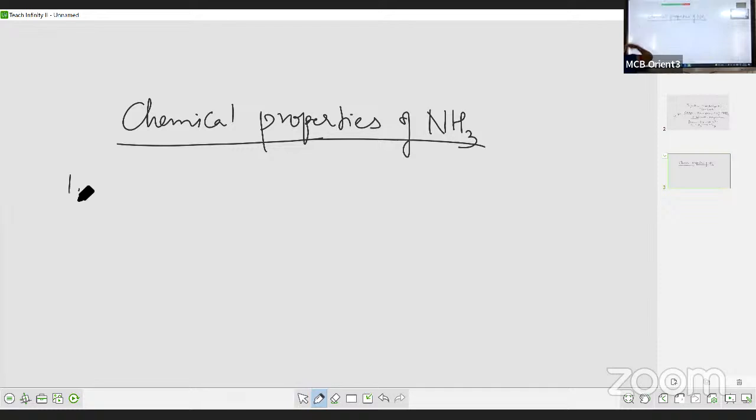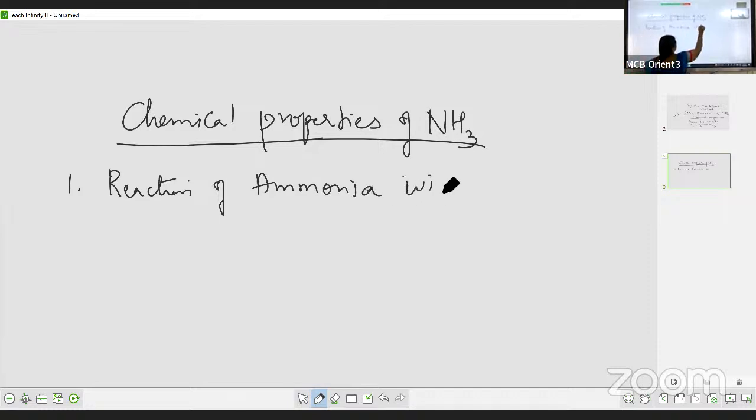One is with zinc sulfate, ZnSO4, one is with CuSO4, and the other is with AgCl.